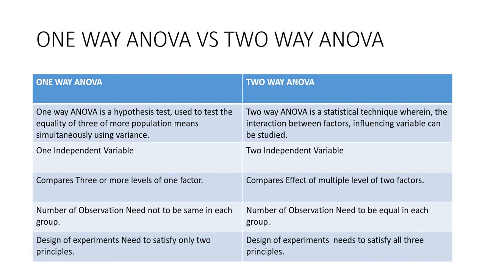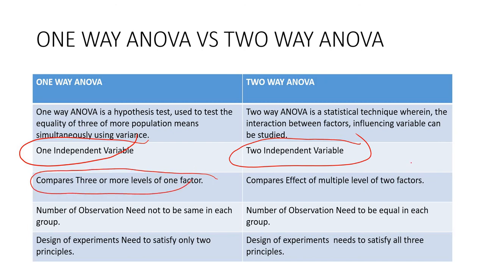Two-way ANOVA is a statistical technique wherein the interaction between factors influencing a variable can be studied. Here, only one independent variable. We already discussed, here two independent variables. It compares three or more levels of one factor. Here it compares effects of multiple levels of two factors, meaning two independent variables.